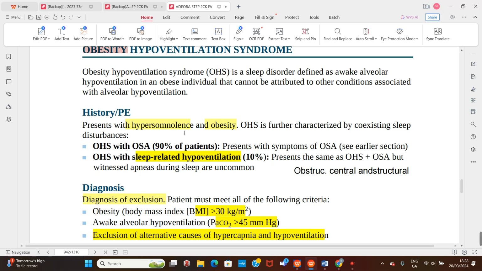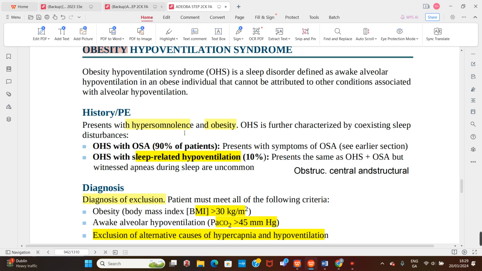But for obesity hypoventilation syndrome, they are hypoventilating at all times. So it means both day and night, they are going to have hypercapnia. So once you see a question showing you daytime hypercapnia, a PCO2 more than 45 in the daytime, you know that that is classic obesity hypoventilation syndrome.